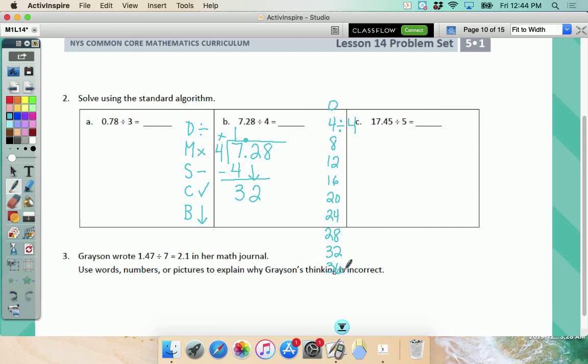What am I dividing by? 4. So divide by 4. 32 divided by 4, Carlos. You could think of it like this. 4 times something equals 32. You want to know another trick? Would you like to know another trick, kids?